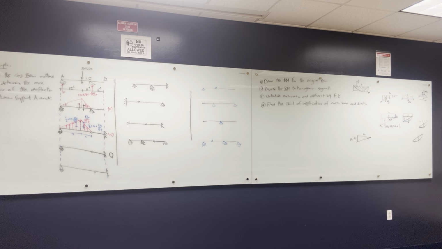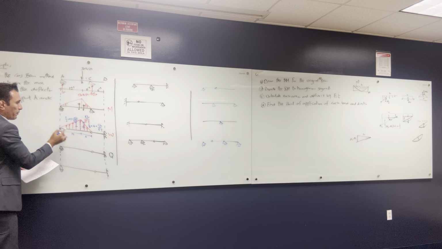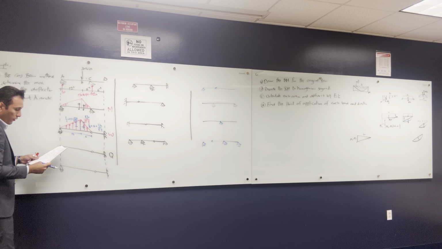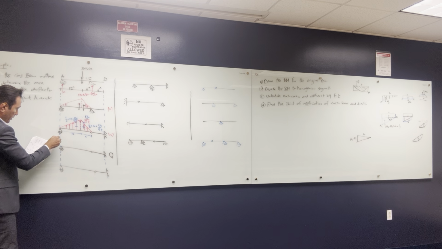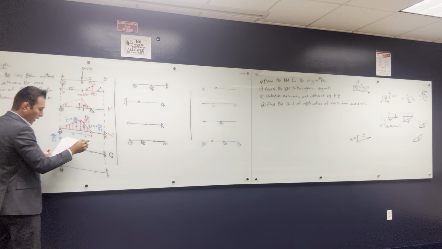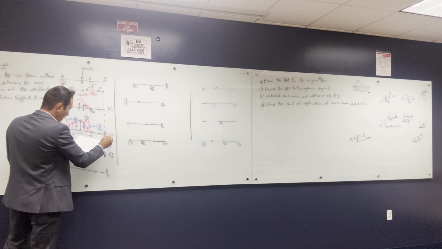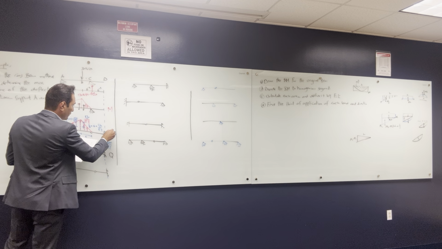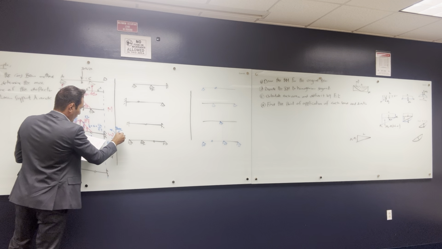Then you solve for the reactions. It will be very easy for you to get the sum of the moment from the left, or the sum of the moment about this. Once you solve for the reactions, you will find out that the reaction here is 480 over EI, you will have a reaction here of 600 over EI, and then you will have a moment here over EI.